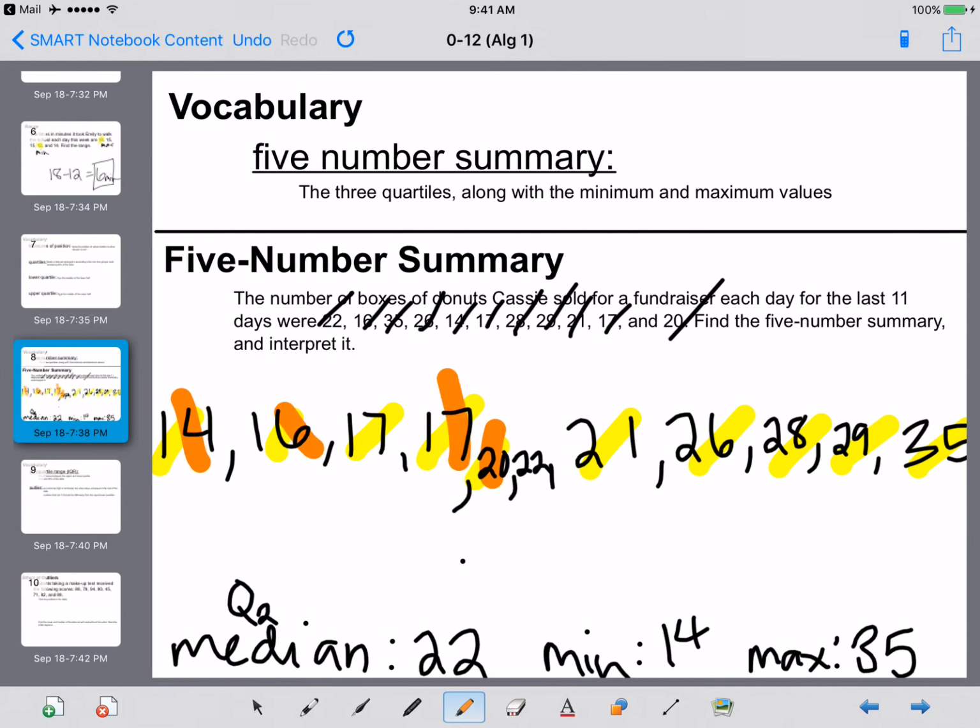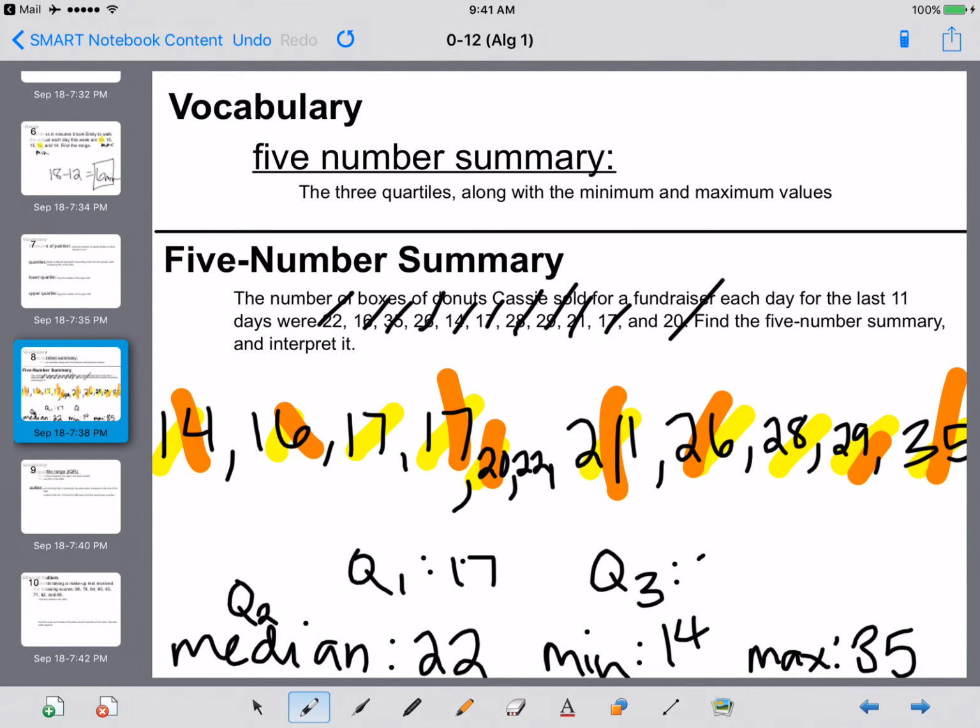And our quartile 1 is 17, because that's what's left. And then quartile 3. We already have quartile 2. Quartile 3 is 28. So it's the middle of the top half of the data and the middle of the bottom half of the data.